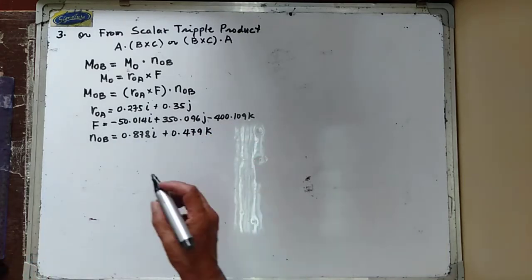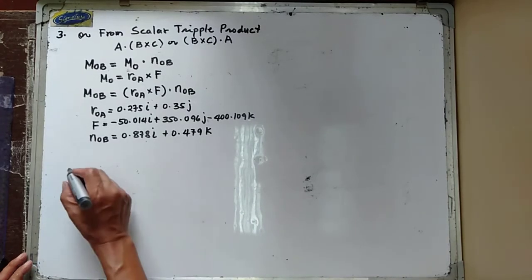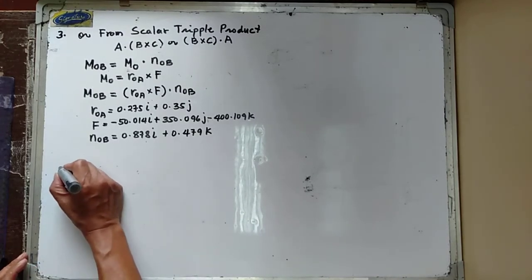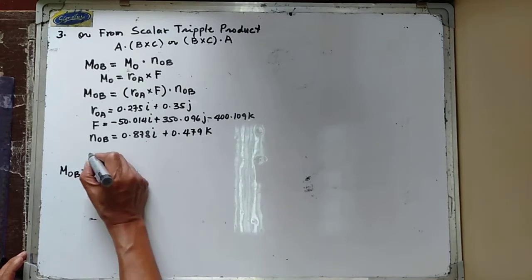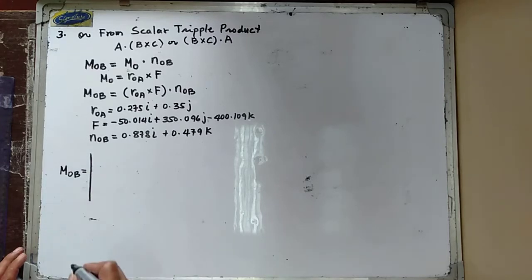Let's now evaluate the moment of the vector about line OB using the scalar triple product.